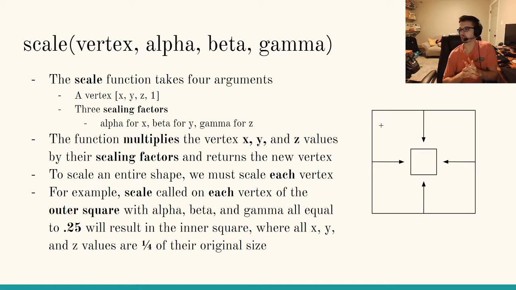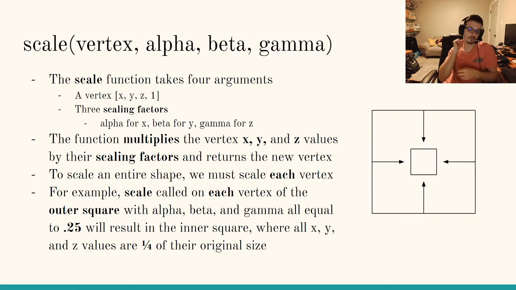The next function that I want to talk about is the scale function, and we can use it to take a vertex and 3 arguments that will modify that vertex: alpha, beta, gamma, and those correspond to x, y, and z respectively. So this function will take the alpha, beta, gamma and multiply them by each x, y, and z, applying that multiplicative factor to the vertex that we pass to this function.